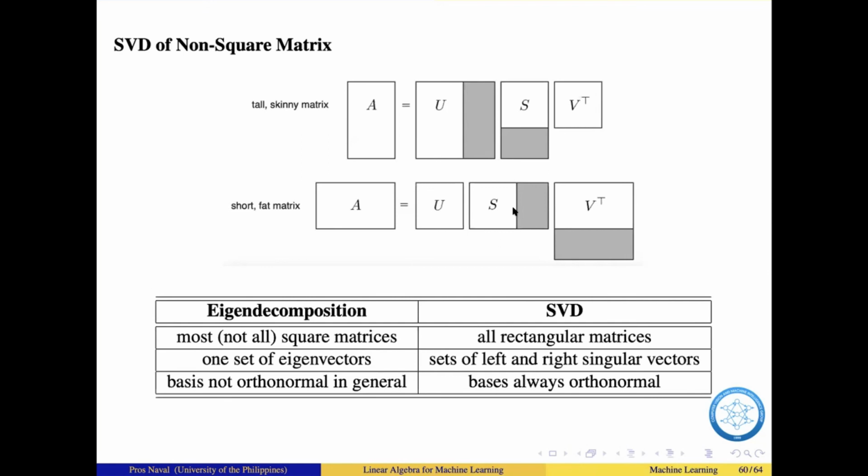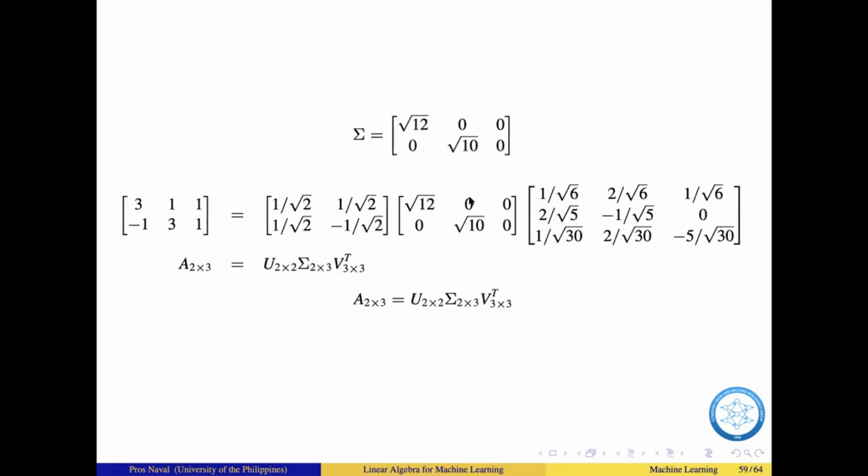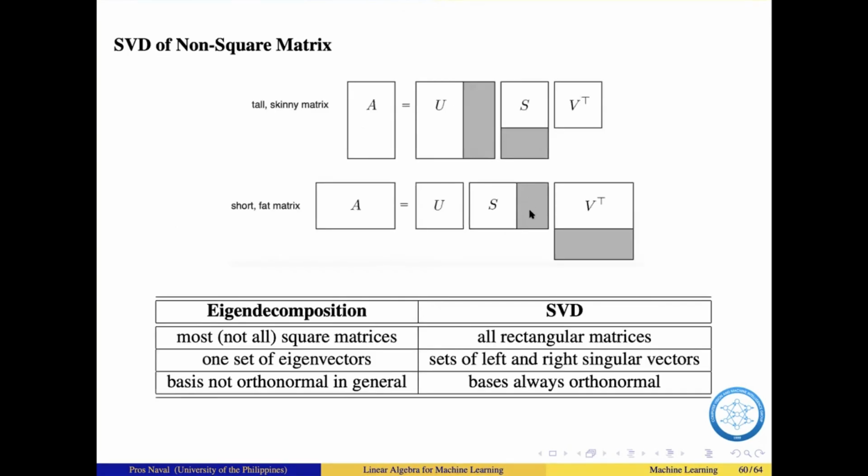So the sigma will have columns that are 0. Okay, so this is your sigma. It has, in this case, a column that is 0. And it is on the right side of the matrix. Okay, as shown here in gray.